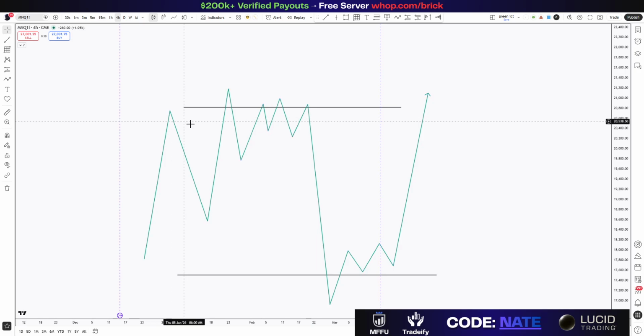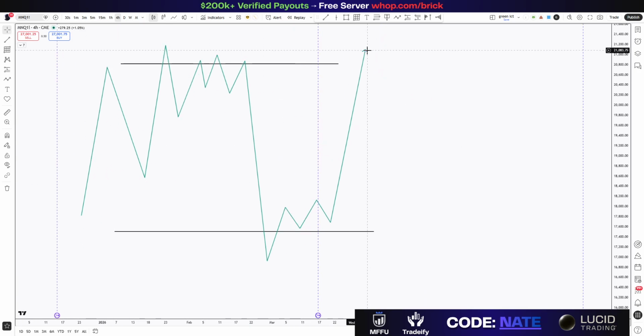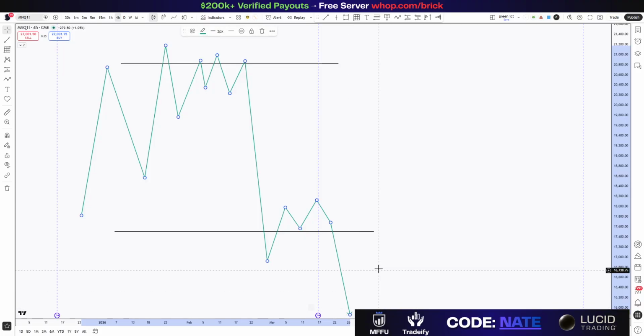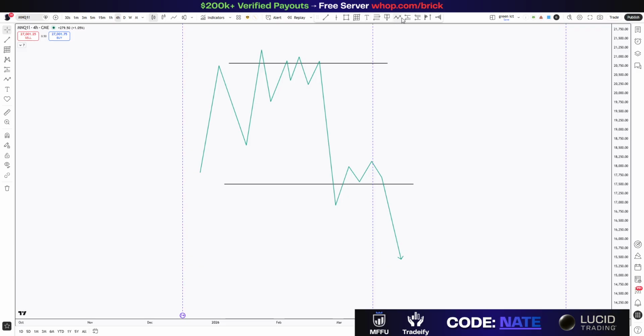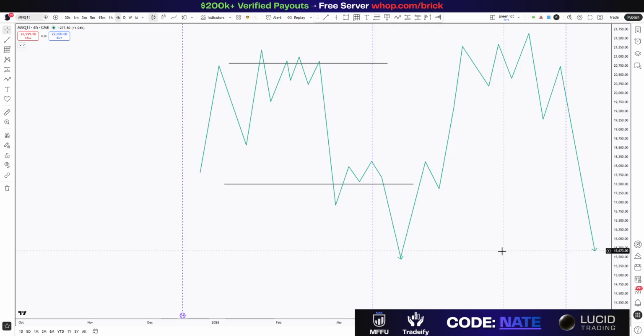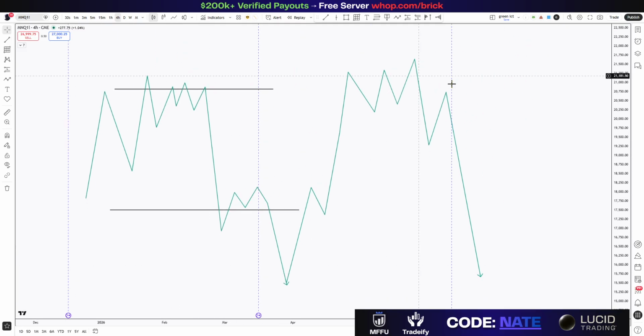We haven't really chosen a direction. Sometimes it'll look like we choose a direction. We'll break out to the downside, and then come back up, form a new range, make a new high, and then come back down. So I know this is very messy and ugly, but this is the kind of conditions that make it ideal for me as an ICT reversals trader.